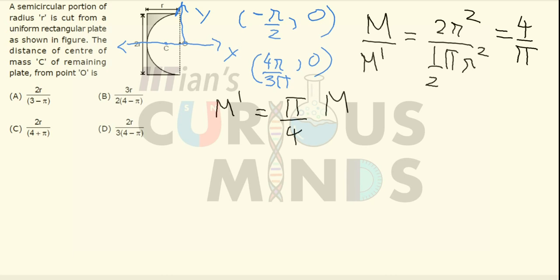Let us find the center of mass. We know the coordinates. Now this part has been removed, so x will be equal to m1 x1 plus m2 x2 divided by m1 plus m2.